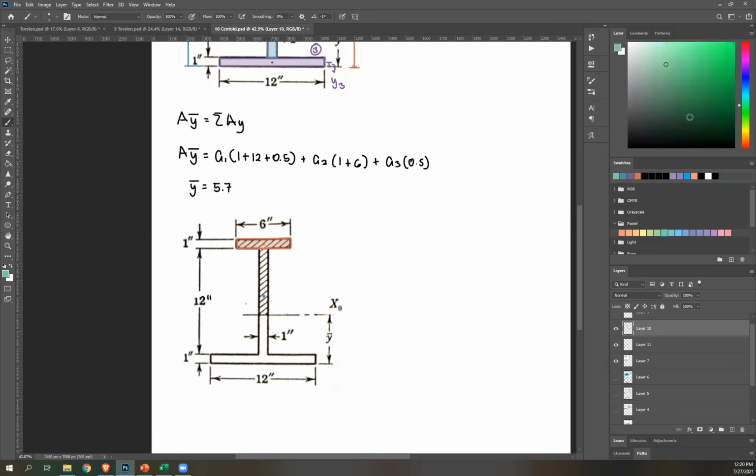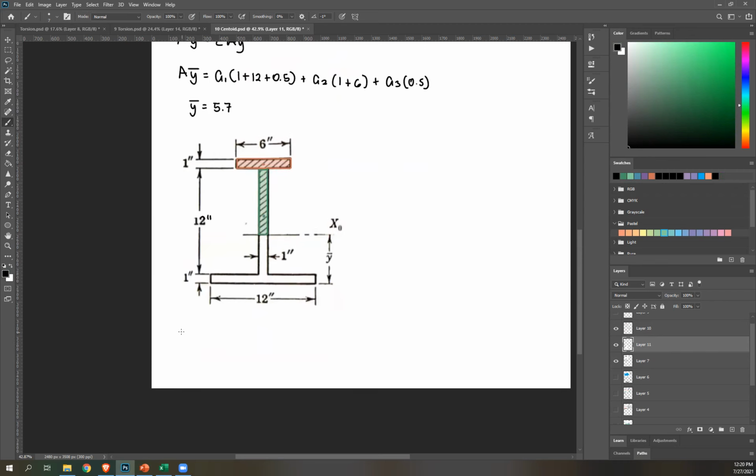So let's choose a different color for this area. And again, moment of area is the summation of AD.